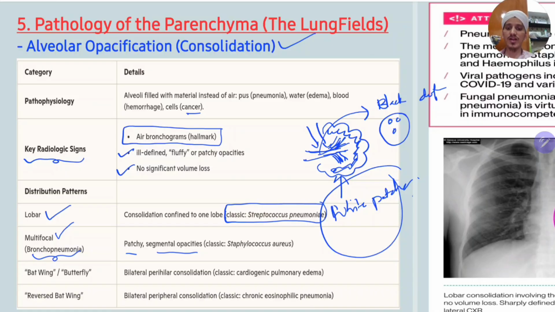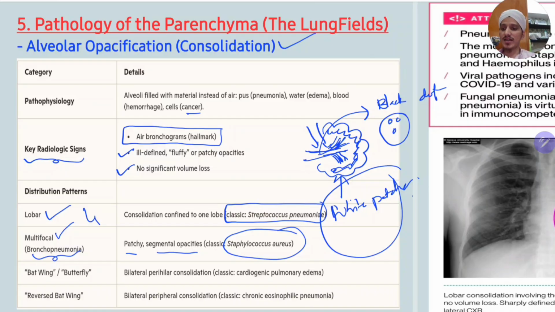This is classically caused by Staph aureus, and also viral pneumonia presents as bronchopneumonia, multifocal patches. Remember this point. These are the two types of infective consolidation.